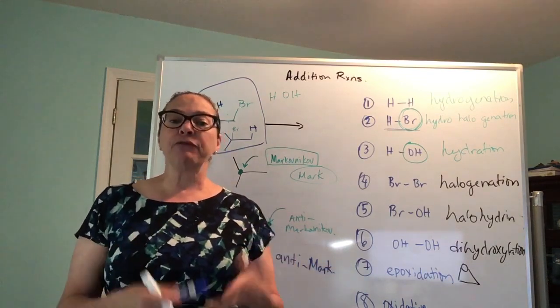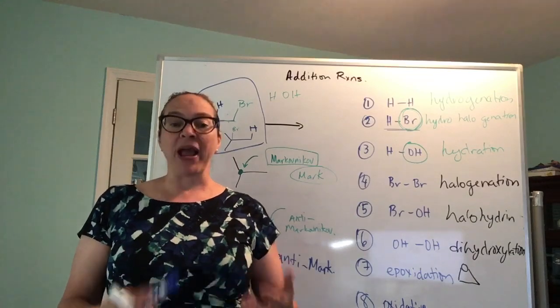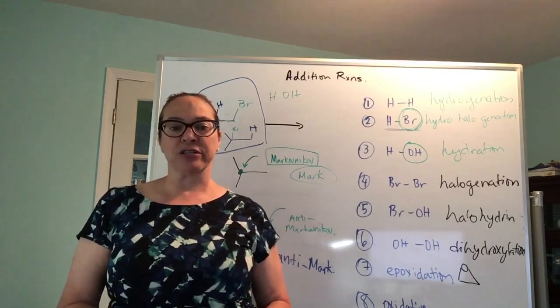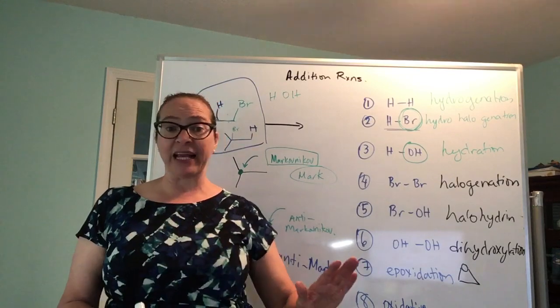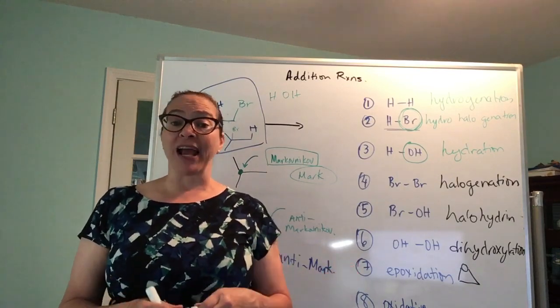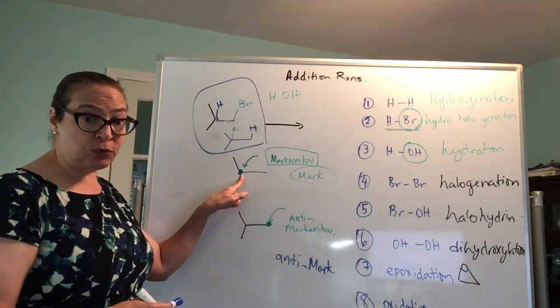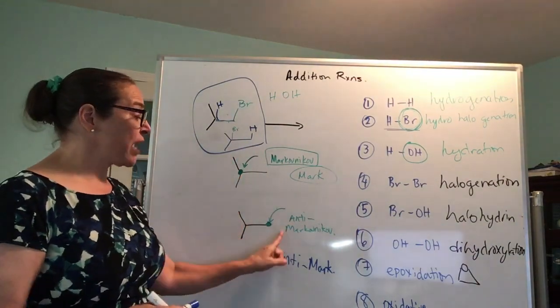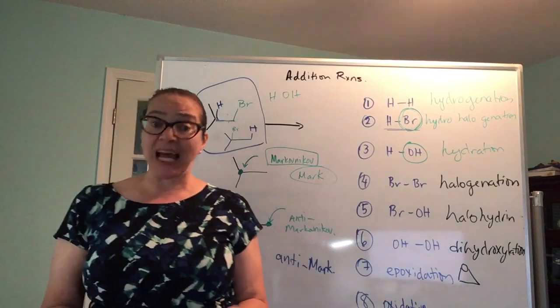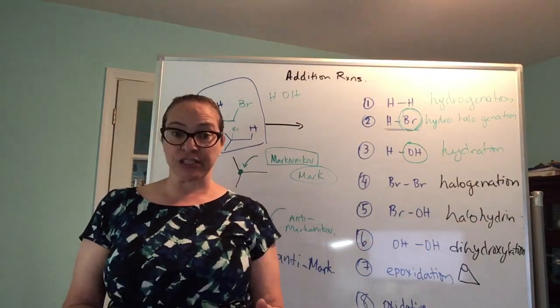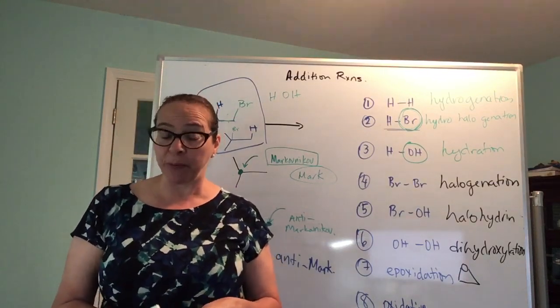So there's a little bit of nomenclature here, a way of describing these reactions. We have plain addition reactions, addition reactions that follow Markovnikov's rule, or addition reactions that form anti-Markovnikov additions to a double bond or even a triple bond.